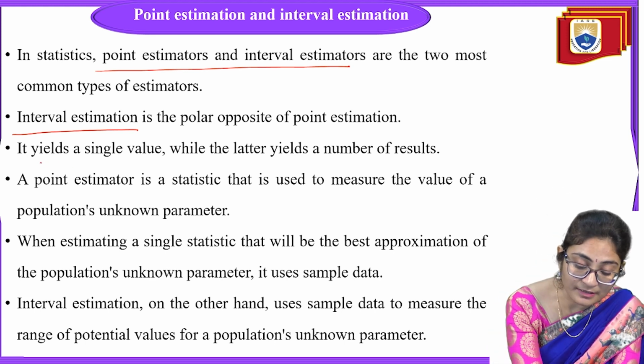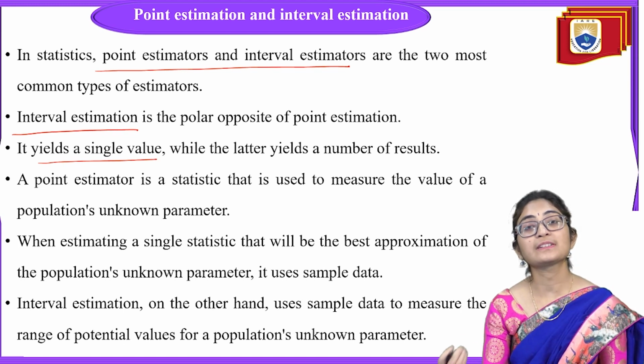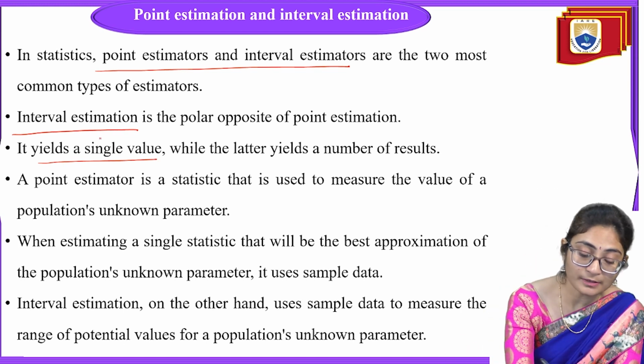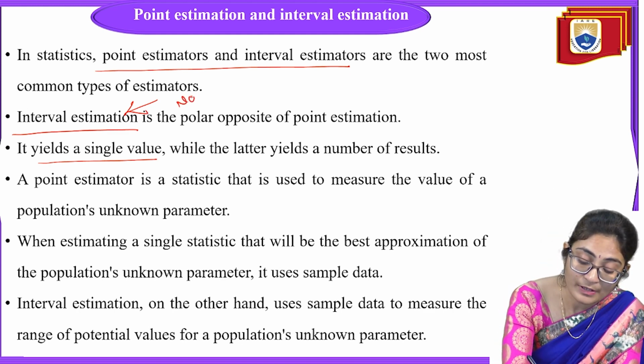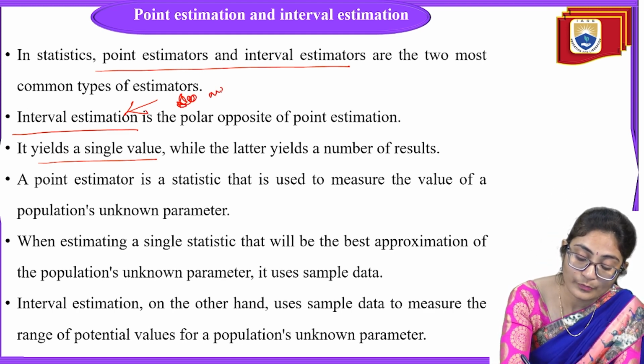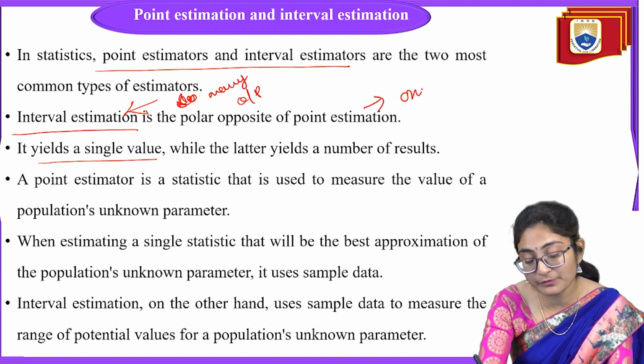The former yields a single value, while the latter yields a number of results. That means when you are talking about interval estimation, there should be many outputs, but in point estimation, only one output.